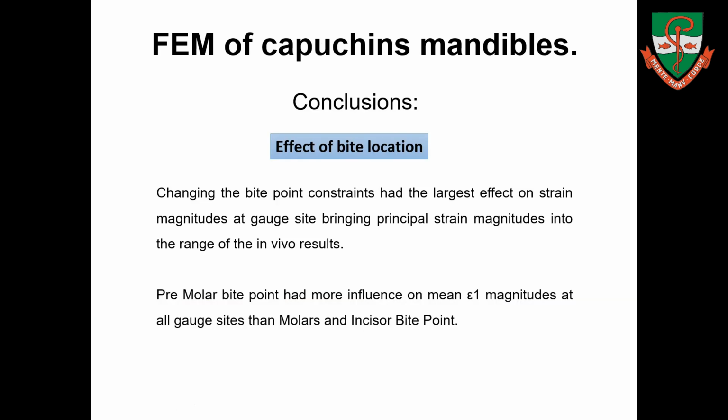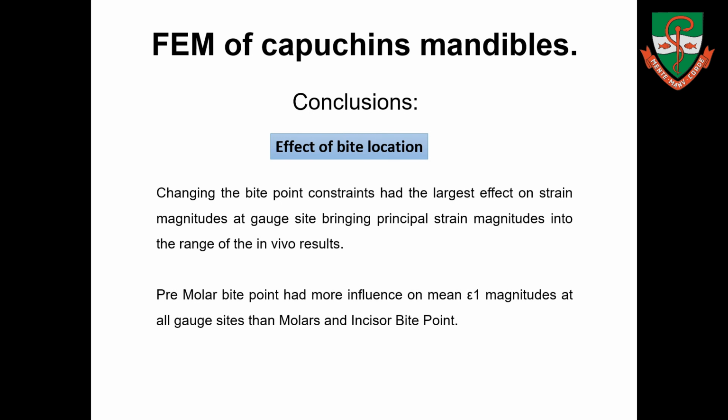So what we can conclude from the bite points, first, is that if we change the bite point constraint, we have an effect on the strain magnitudes of the gauge site, bringing the principal strain magnitudes in the range of the in vivo results.